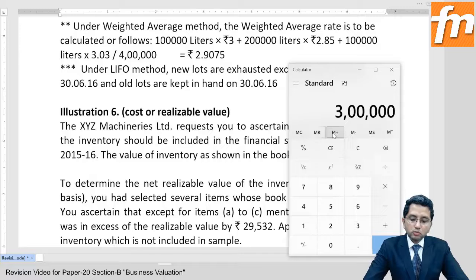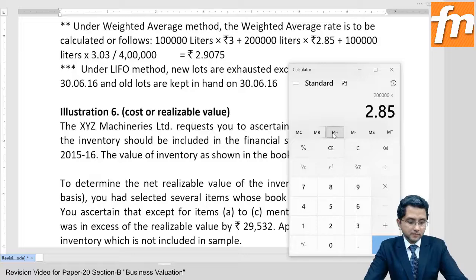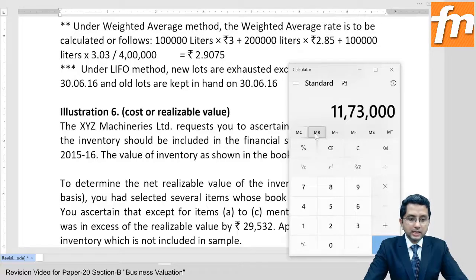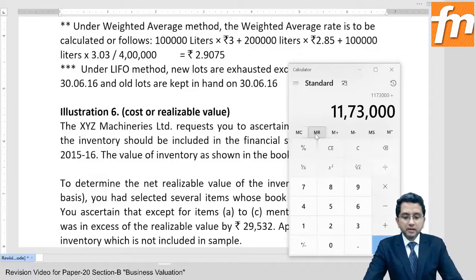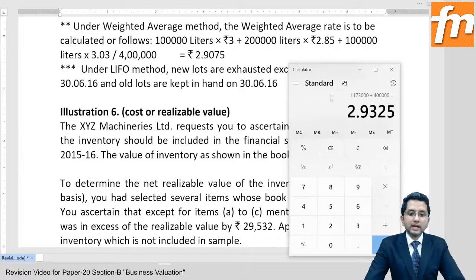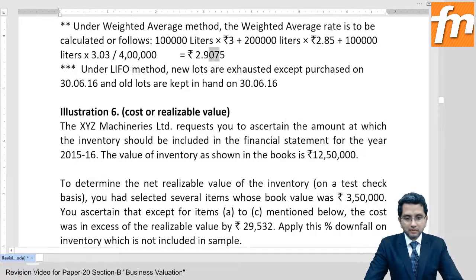And then 2 lakh into 2.85, that's 570. I'll keep it in plus memory. And then 1 lakh into 3.03, 3 lakh 3,000. Again in plus memory. So memory recall is 11 lakh 73,000. Divided by 4 lakh units, 2.9325 it is. This is correct.